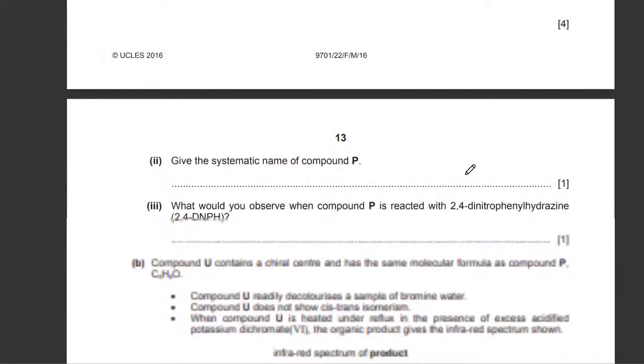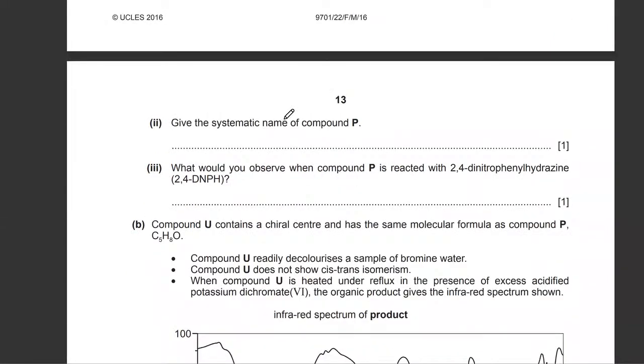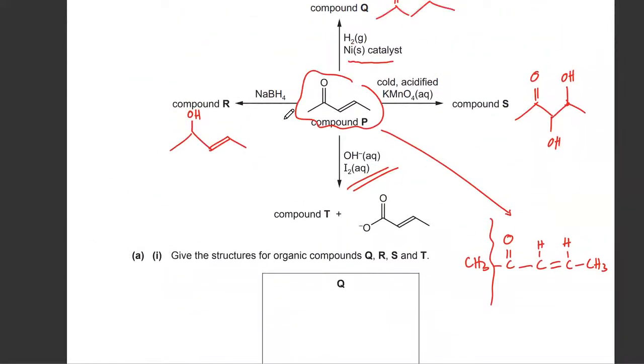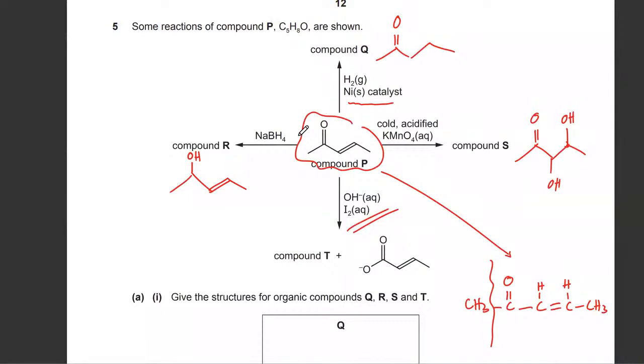And they must have also said, give the systematic name of compound P. So let's figure out P. What is P? This one, what is its name? Systematic name. How many carbon atoms? That's 1 2 3 4 5. It's going to be pent what? Will it be AN or EN? Sir, EN. And the suffix, what is the suffix?